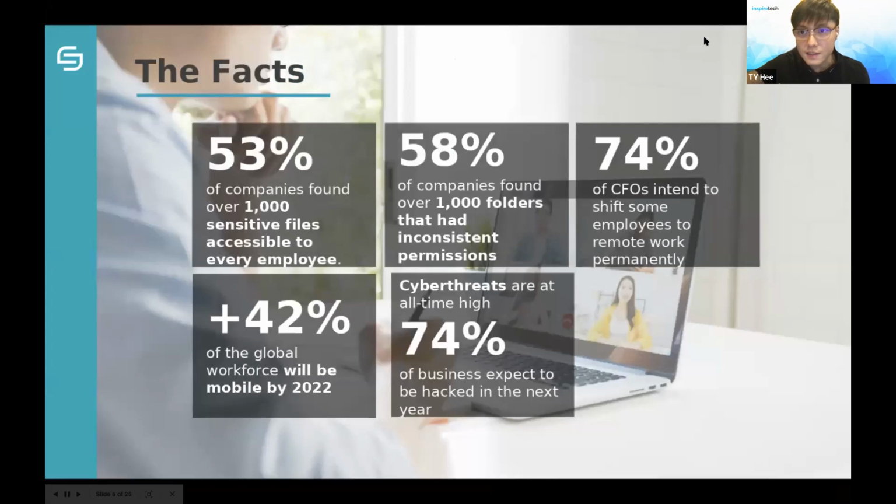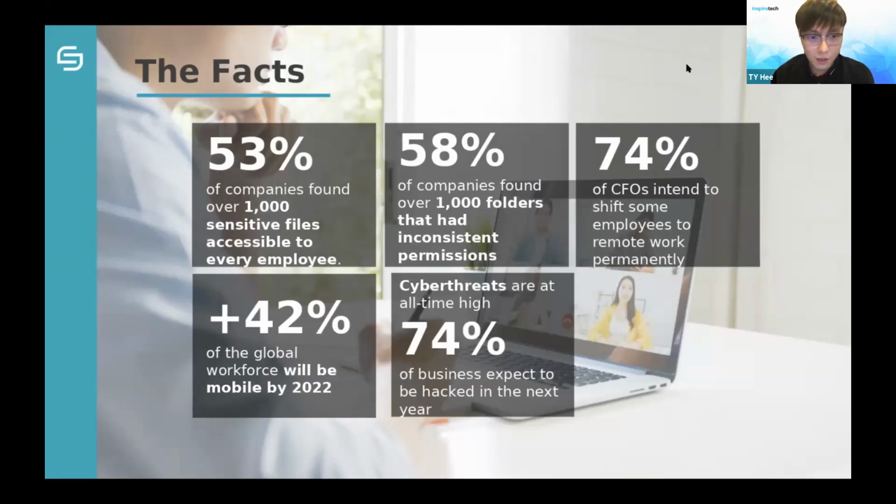The facts in this century: 53% of companies found over 1,000 sensitive files accessible to every employee. 58% of companies found over 1,000 folders that had inconsistent permissions. 74% of CFOs intend to shift some employees to remote work permanently.